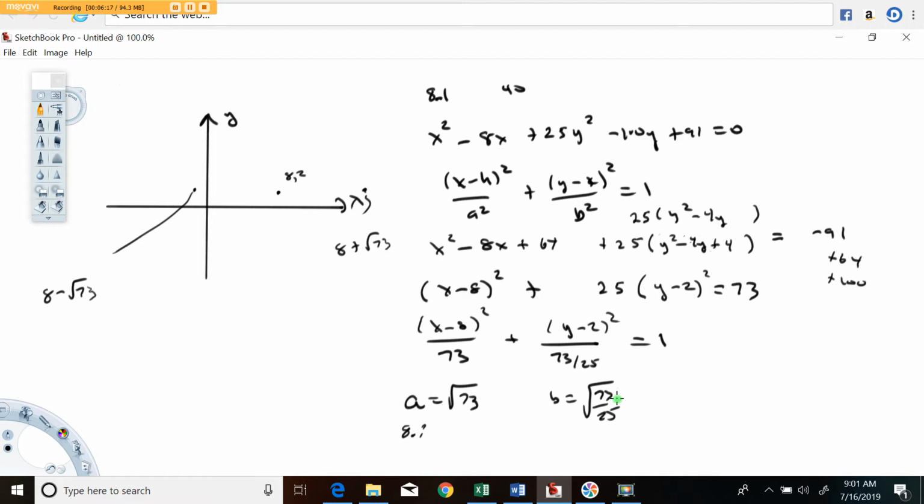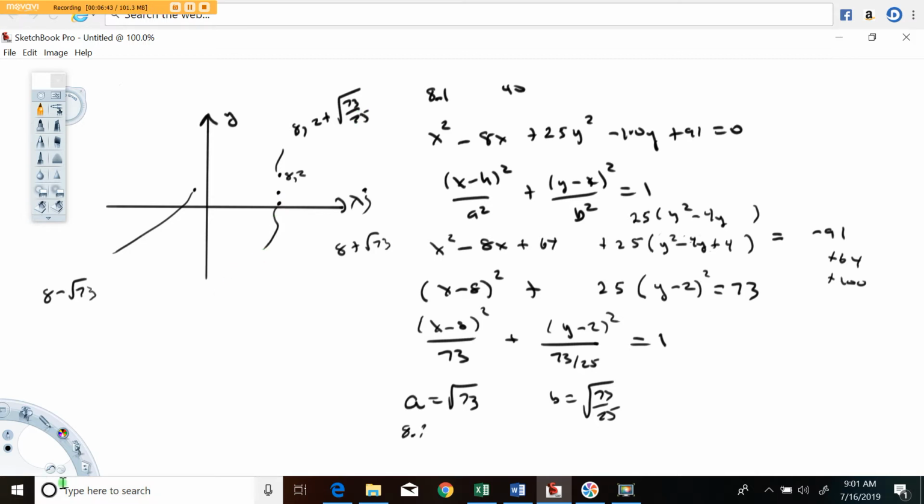This next value is the square root of 73 over 25, about 1.3-ish. So the x-coordinate is 8, and the y-coordinate is 2 plus square root 73 over 25, above the axis.